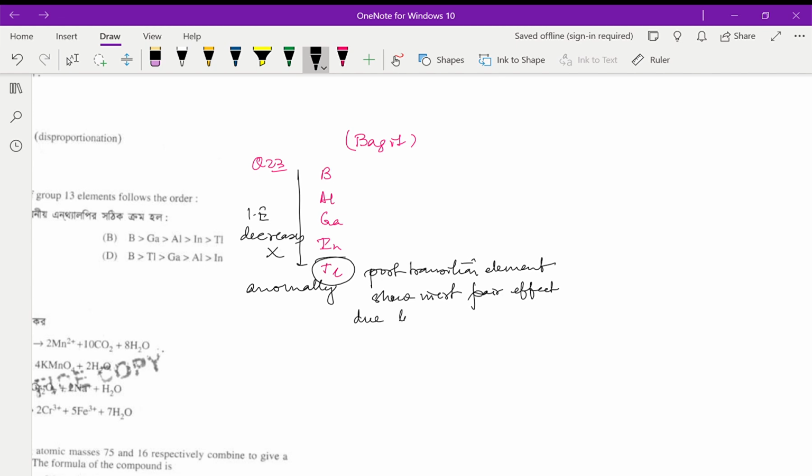Due to poor shielding of the nuclear charge by d and f orbitals.